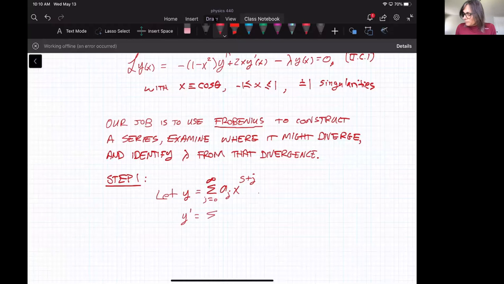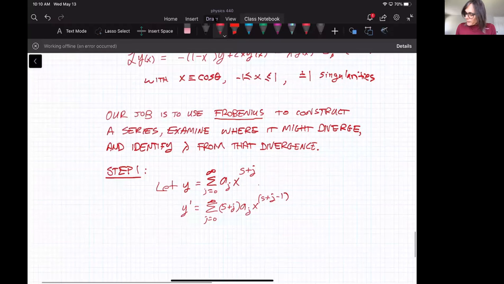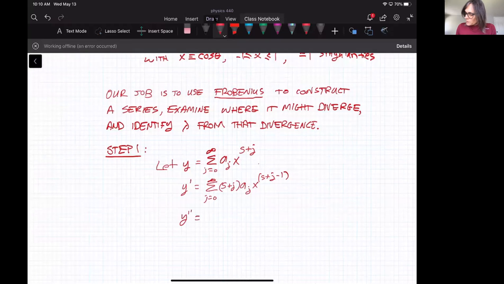It's the same sum, but now it's s plus j times a_j x to the s plus j minus 1. And y double prime is just one more of these. s plus j times s plus j minus 1, a_j times x to the s plus j minus 2.